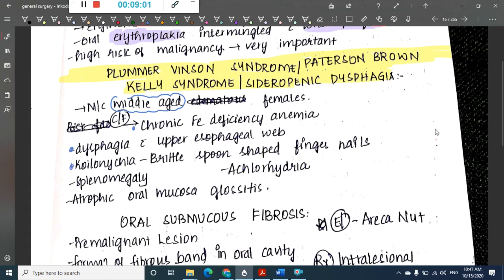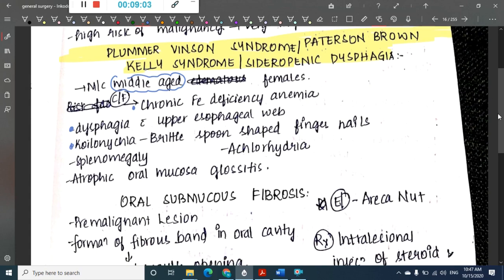It is seen in koilonychia, that is brittle spoon-shaped nails, or it can be seen in splenomegaly, achlorhydria, and atrophic oral mucosal glossitis.